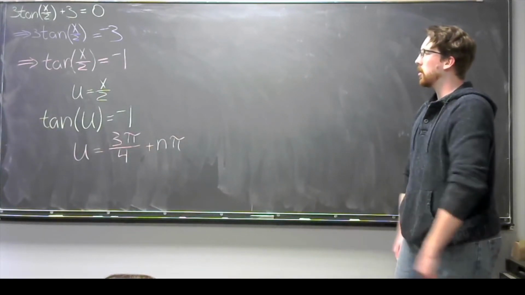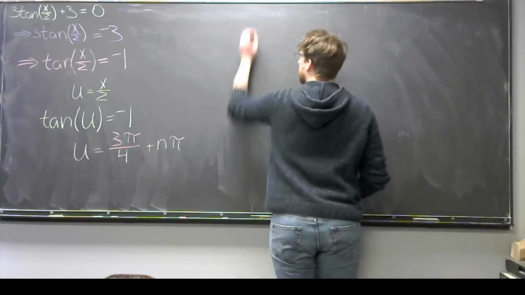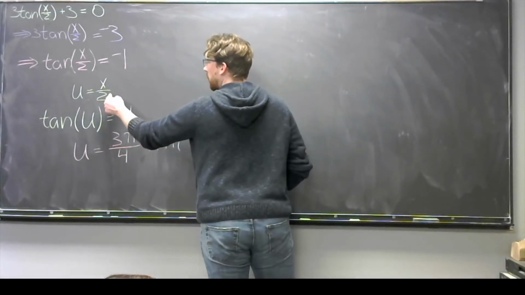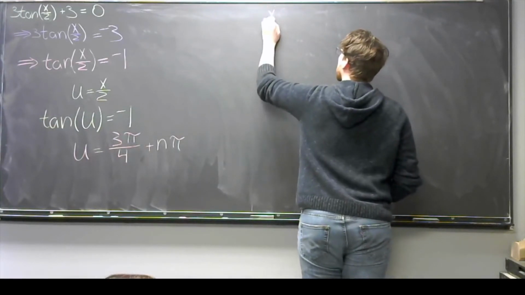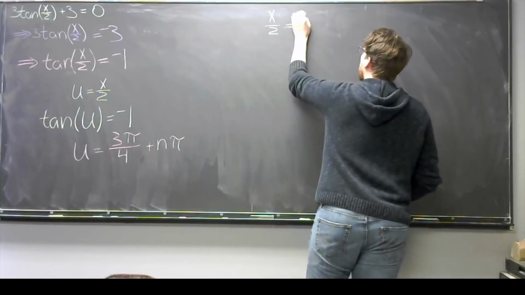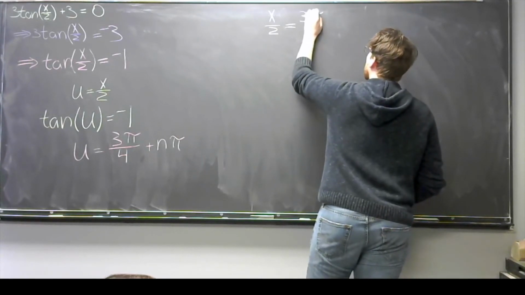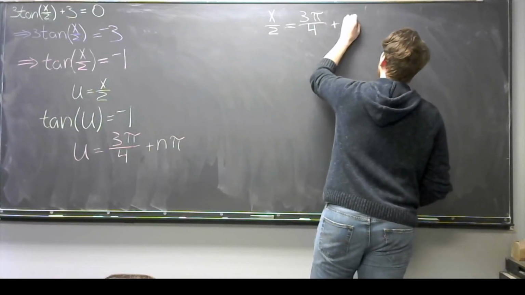Well, cool. What we've got is when we substitute x over 2 back in for u, x over 2 is equal to 3 pi over 4 plus n pi.